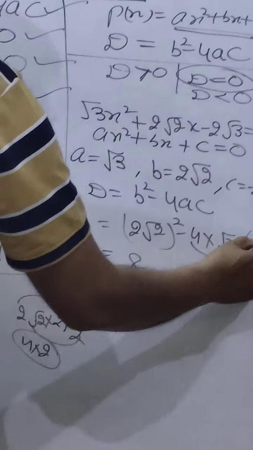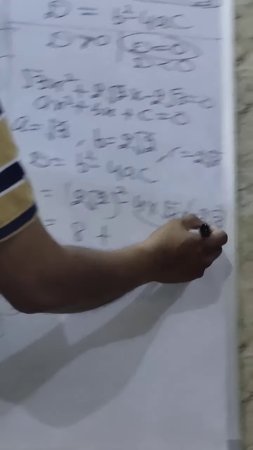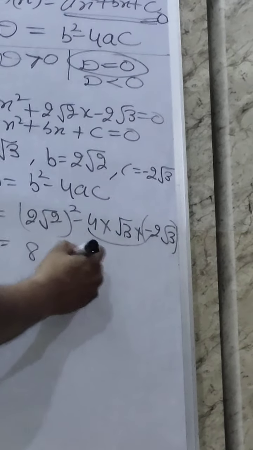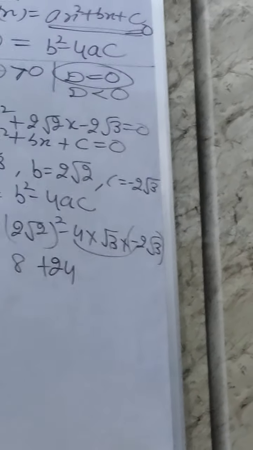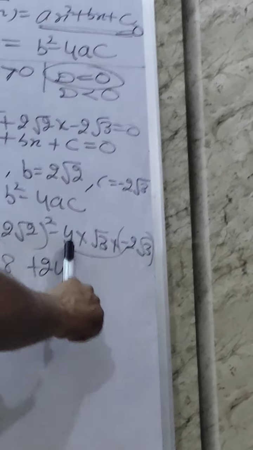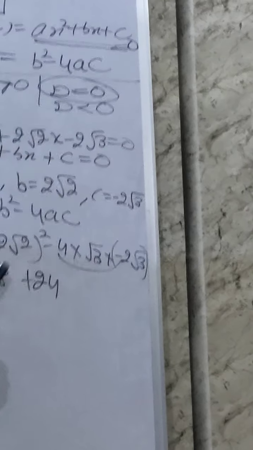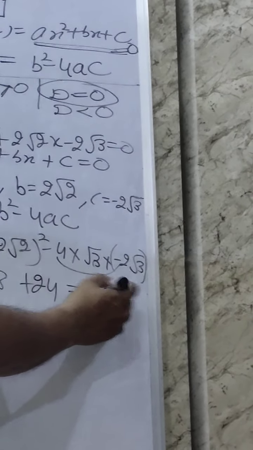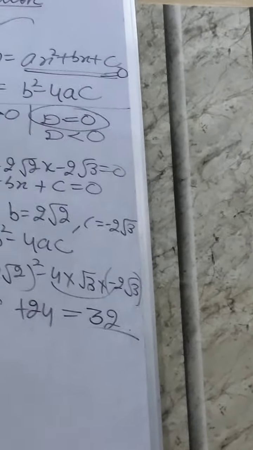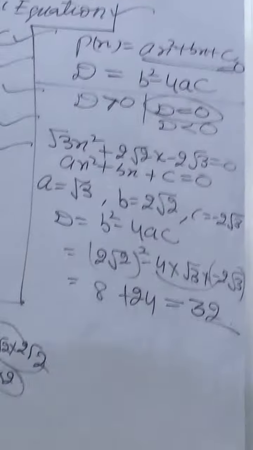And minus into minus plus 4 times 3 times 2 root 3 root 3, 8 threes are 24. Minus minus plus, 4 times 8... 24 plus 8 is 32. So its answer is C part. 32 is correct discriminant. Understand?